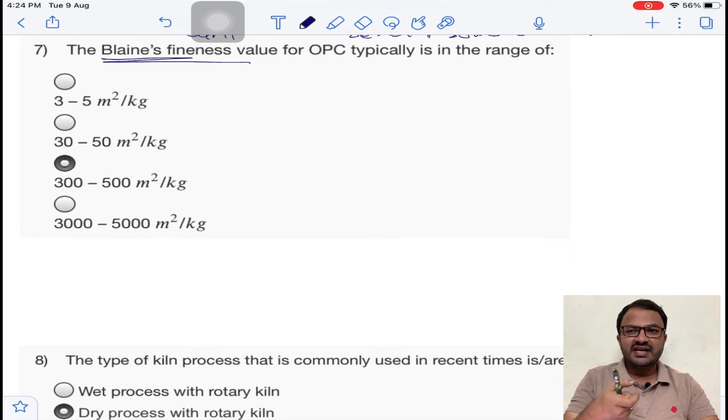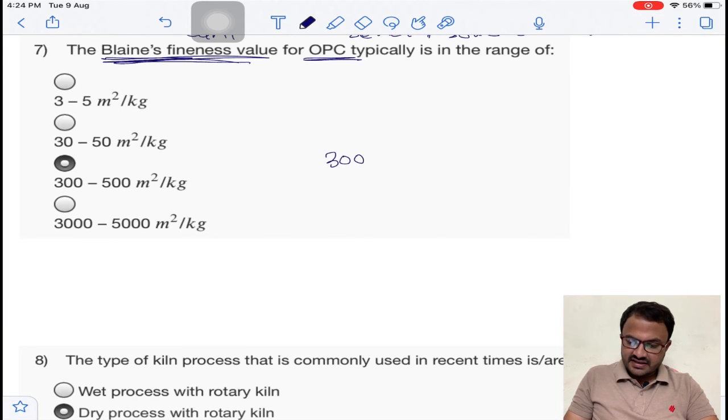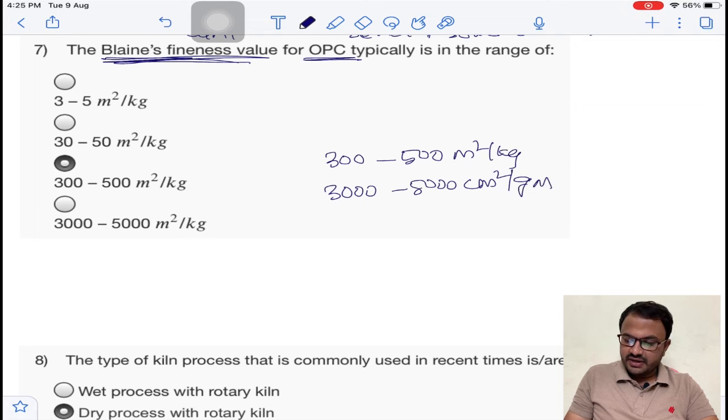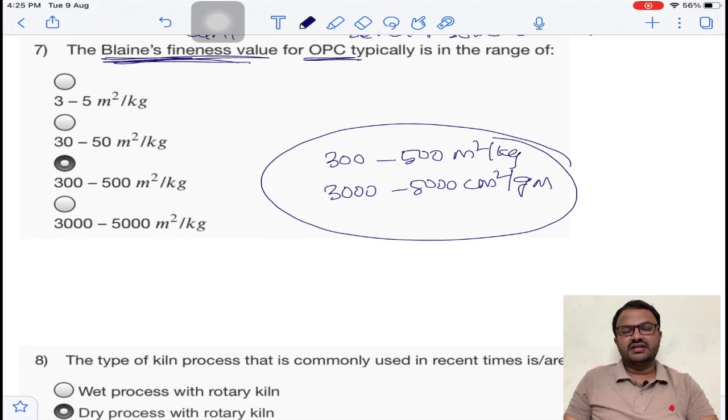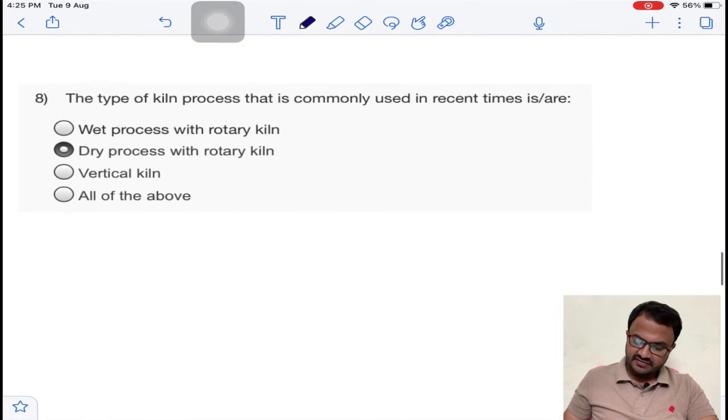That surface area can be calculated by using Blaine's apparatus. Generally for OPC type of cement, surface area is 300 to 500 meter square per kg, or 3000 to 5000 centimeter square per gram. This value is most important. Answer is C for question number 7.